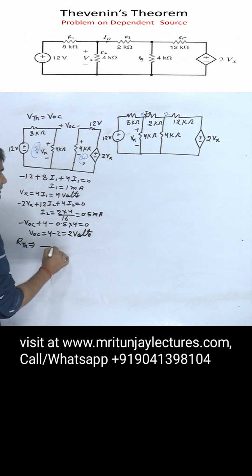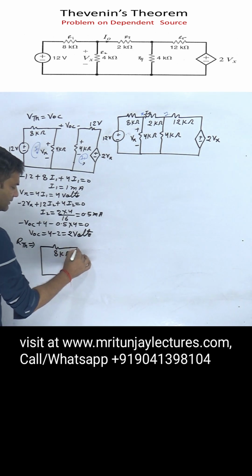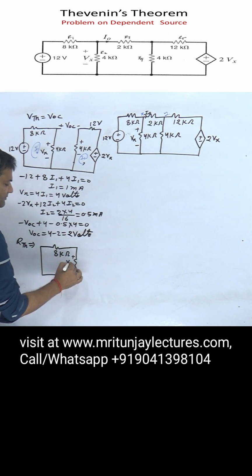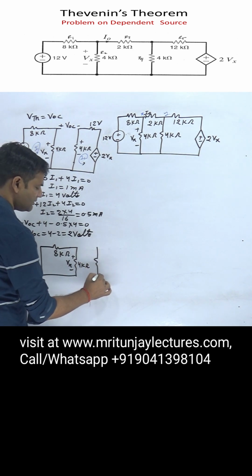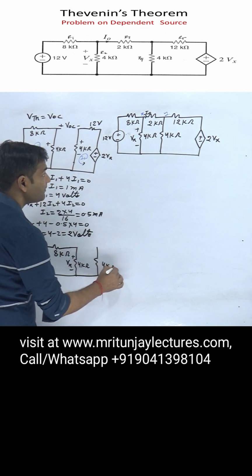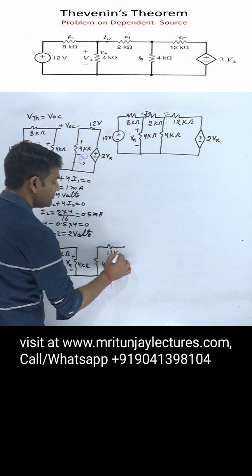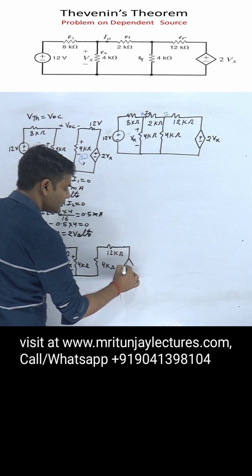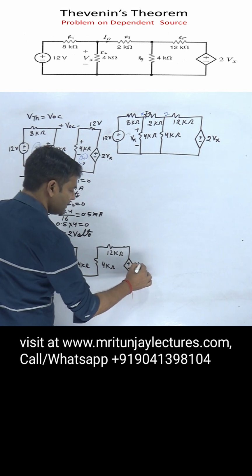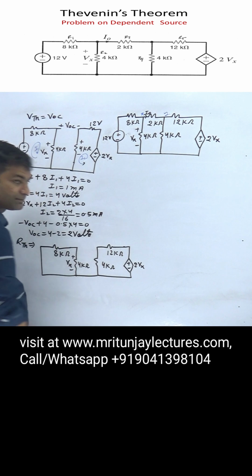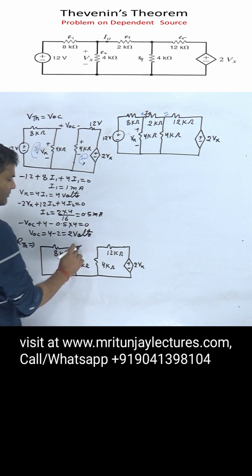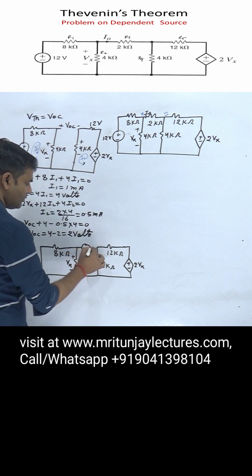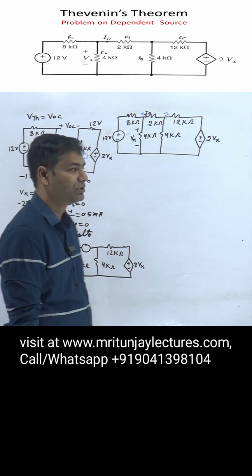After that, make the circuit: the 8 kilo ohm, that is short circuit, and here Vx across the 4 kilo ohm, and this one is 4 kilo ohm, here 12 kilo ohm, and here the dependent source 2 Vx.